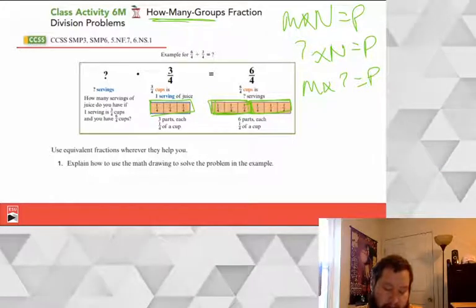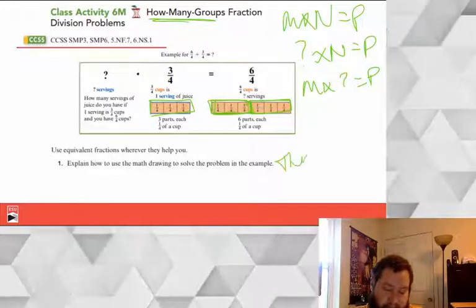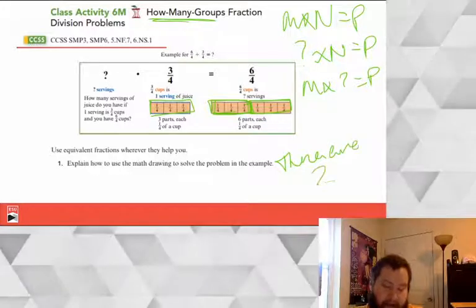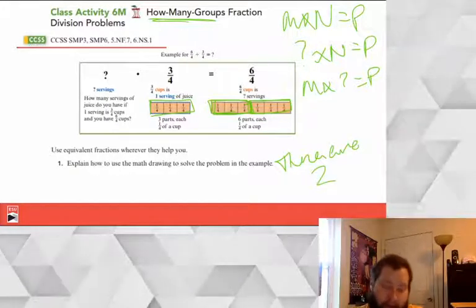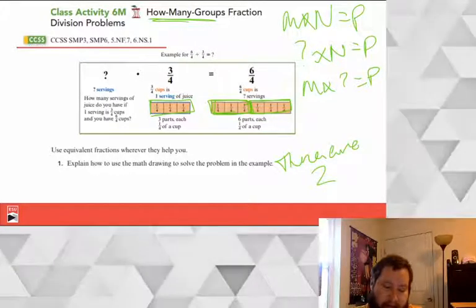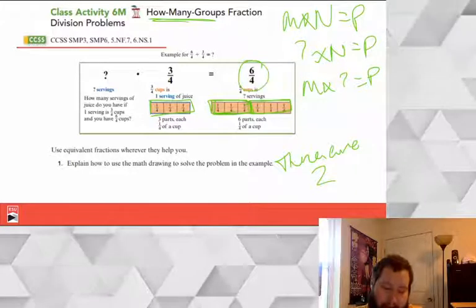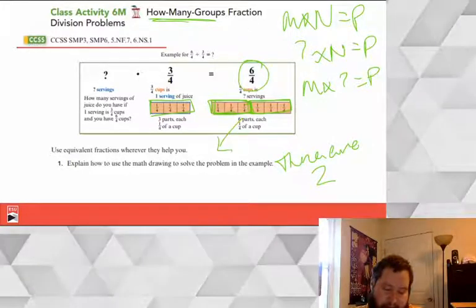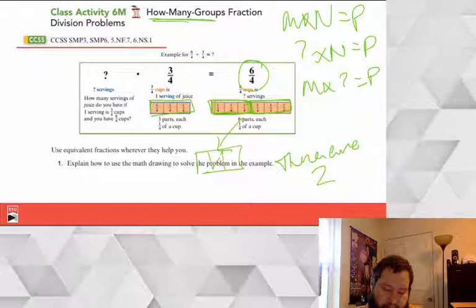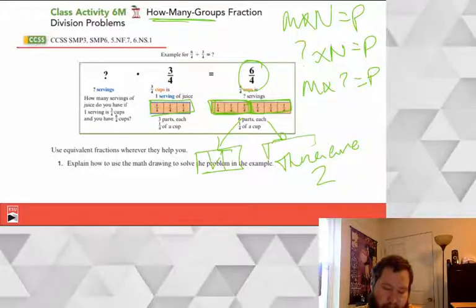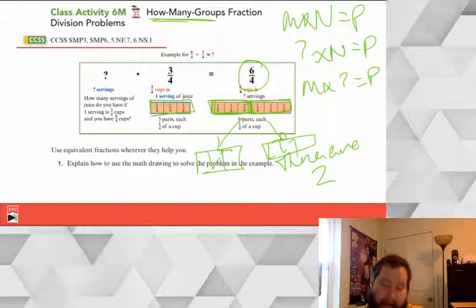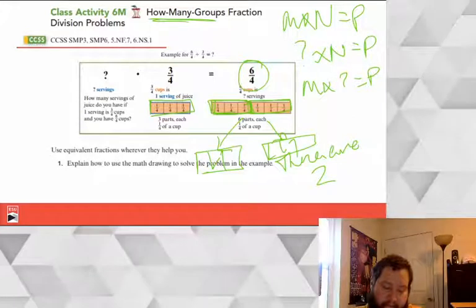So how to use the math drawing to show that? Well, we know that there are 6/4 total, and we're going to split it into 3/4 pieces. And how many 3/4 pieces are there? There are 2.